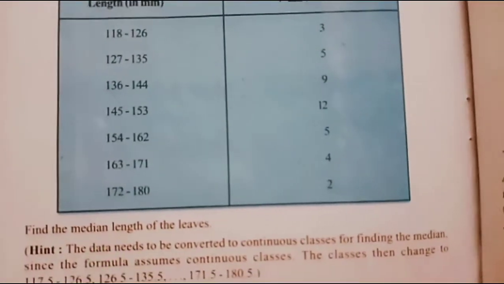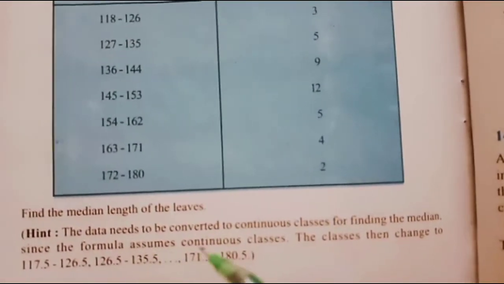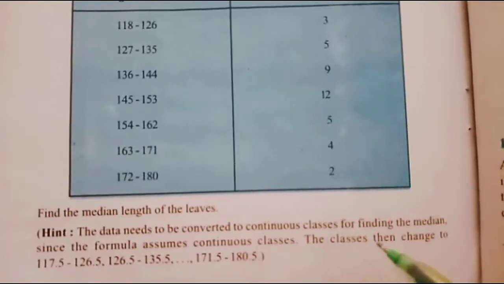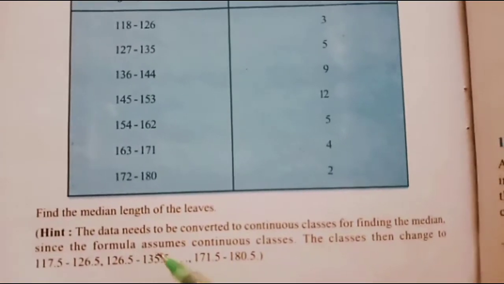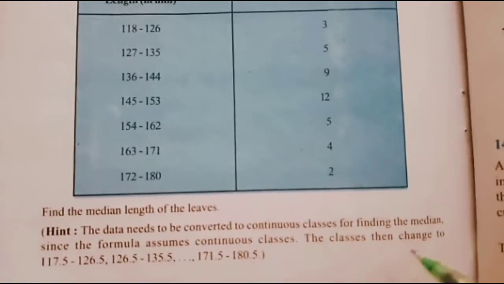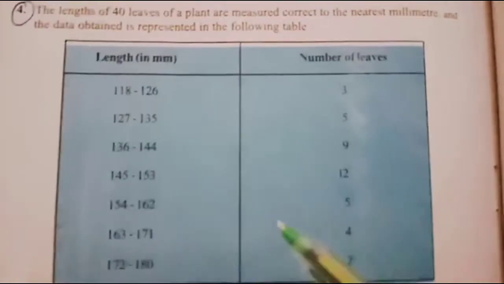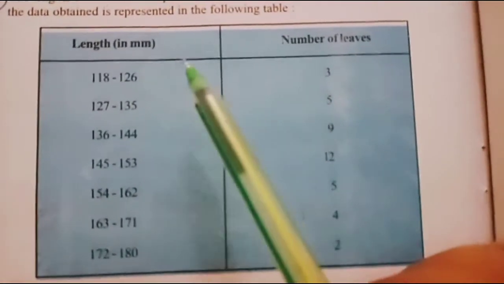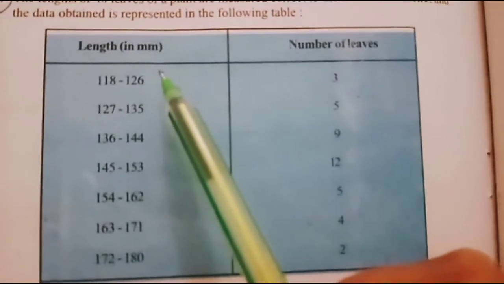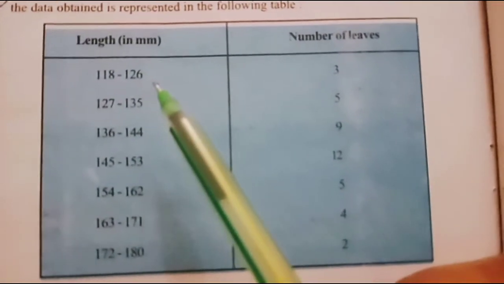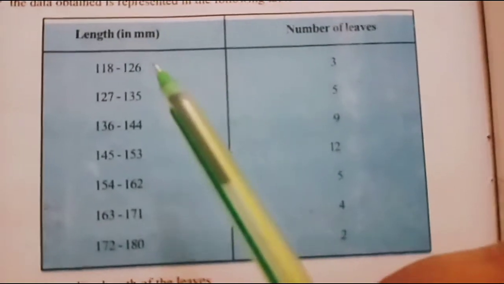He has given one note here. The data needs to be converted to continuous classes for finding the median, since the formula assumes continuous classes. He has given the hint, but they won't give a hint in the exam. I already told you, when the class intervals are not continuous, meaning not exclusive type, you have to convert them into exclusive.